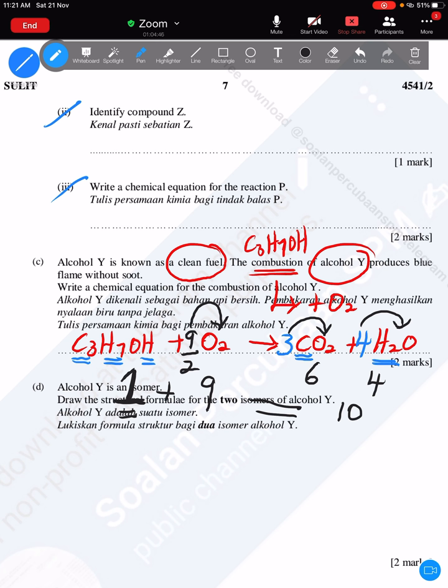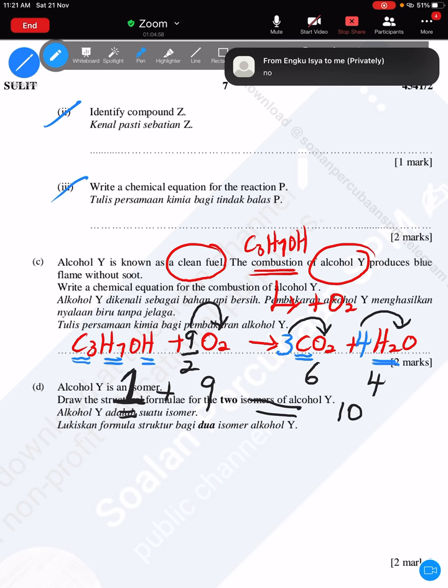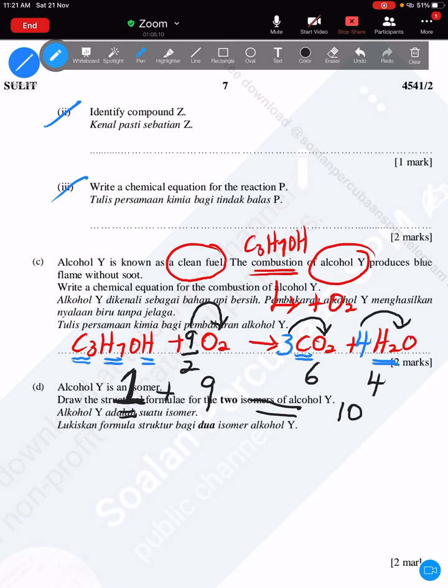But, nevertheless, can I leave my answer in fraction form? For me, personally, don't leave the answer in fraction form in carbon compounds. You can leave the answer in fraction form in thermochemistry, not in carbon compounds.